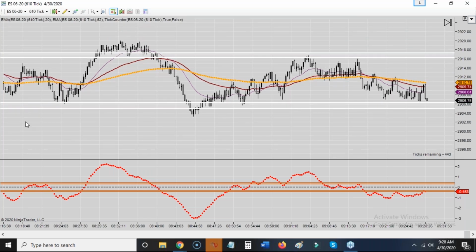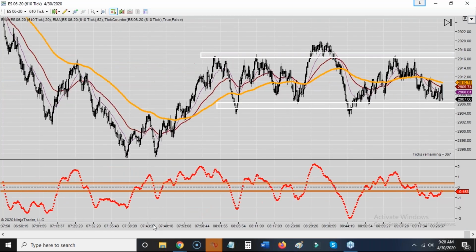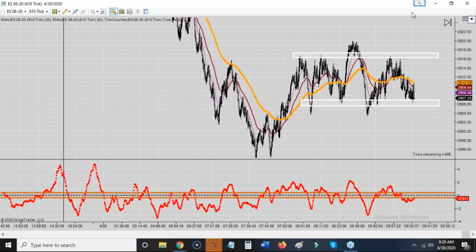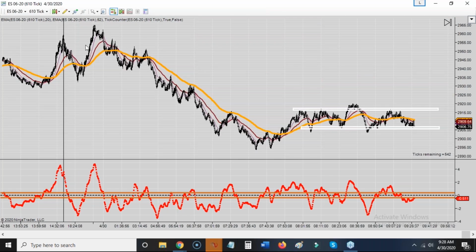So right now, even though we are stuck in this massive, ugly sideways market, I know that it's about to break through. There's too much movement going on. However, I don't know where it's going to break through. Even though it's been totally falling down, I don't know. It might actually break up. Look at that. It's trying to break through this support area and it's not breaking through the support area, right?